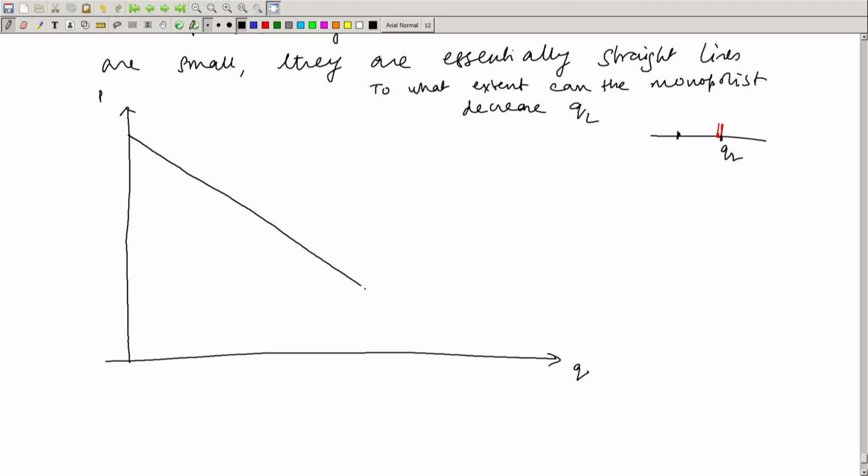So, as before I have this as the H type's willingness to pay, I have this as the L type's willingness to pay, and now notice, this was originally QL, this was QH, I kept reducing it, right. So, very, very tiny amounts.